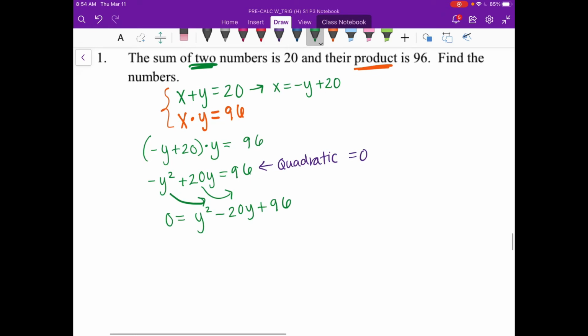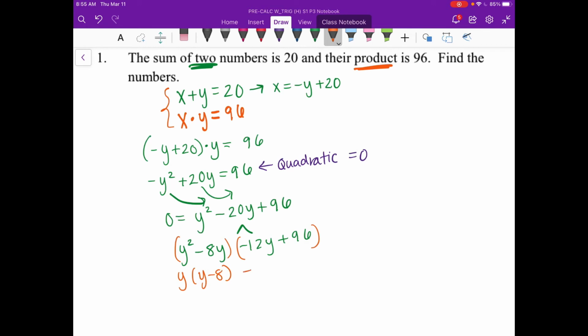So you might need to do a little bit of thinking here, use your calculator, whatever you need to do. Hopefully your numbers come out to be negative 8 and negative 12. If you need to see that, I'm going to split up the middle term, which gives me y squared minus 8y minus 12y plus 96. And we can factor by grouping. So group the first two, the last two. Take out a y from the first term.